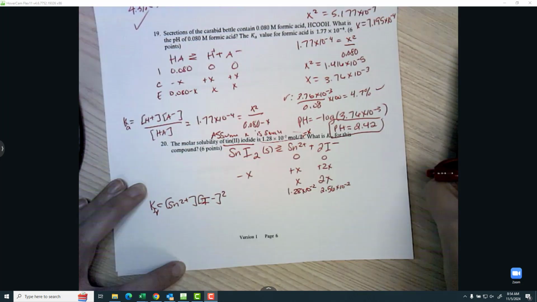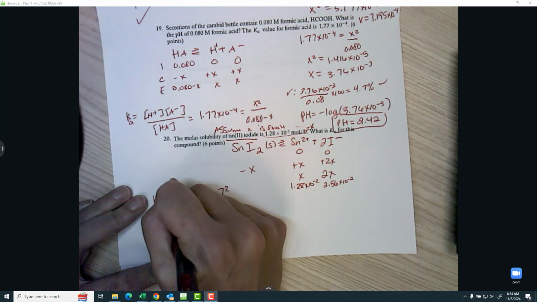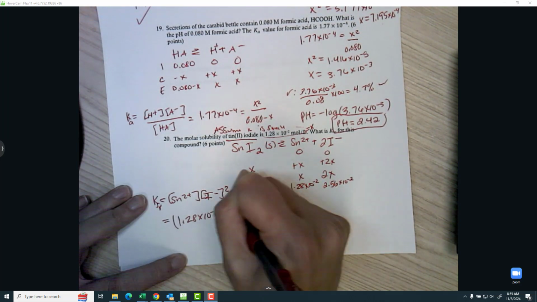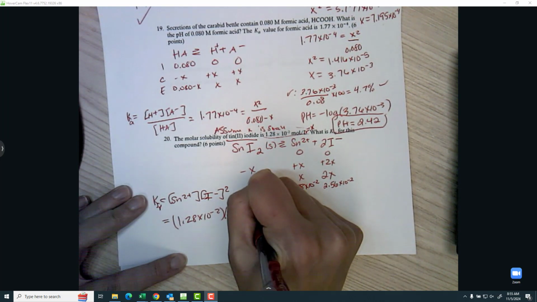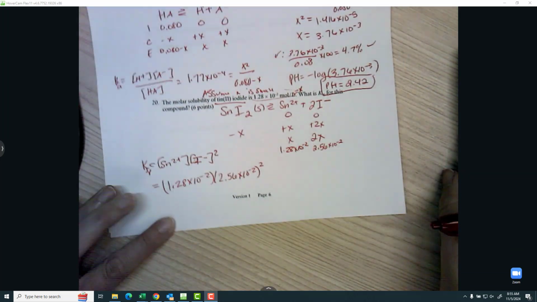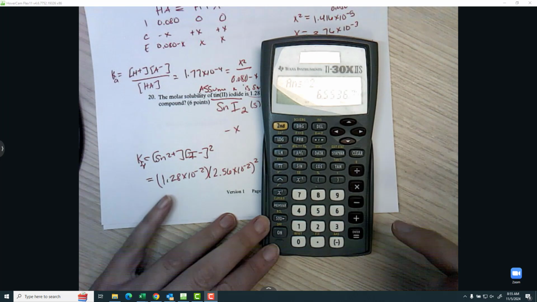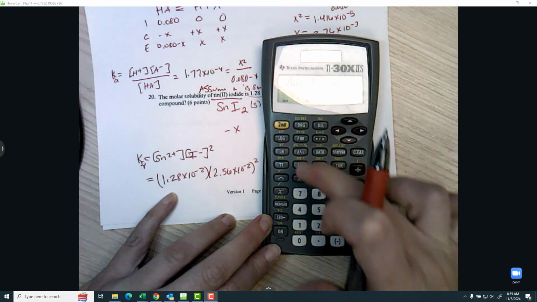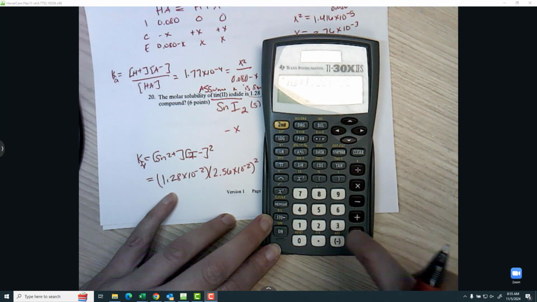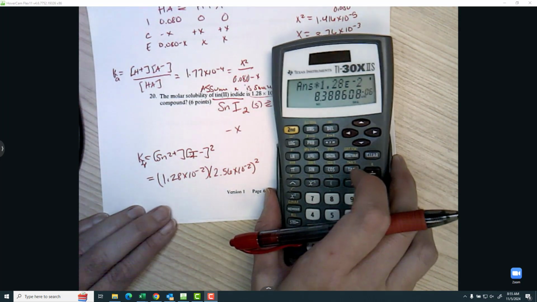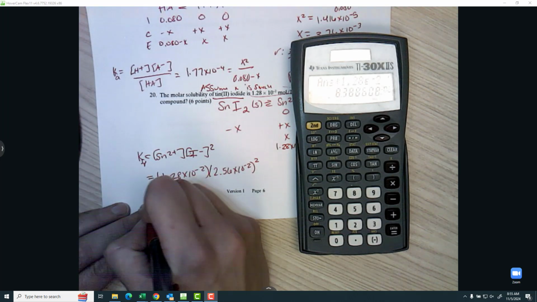And now I can plug that into my Ksp equation. So the 1.28 gets doubled to 2.56 and squared. Both of those things have to happen. And I can get my Ksp of 8.39 times 10 to the minus 6th.